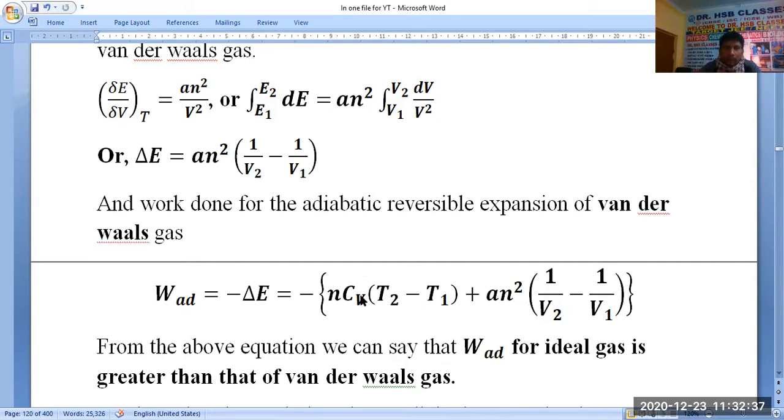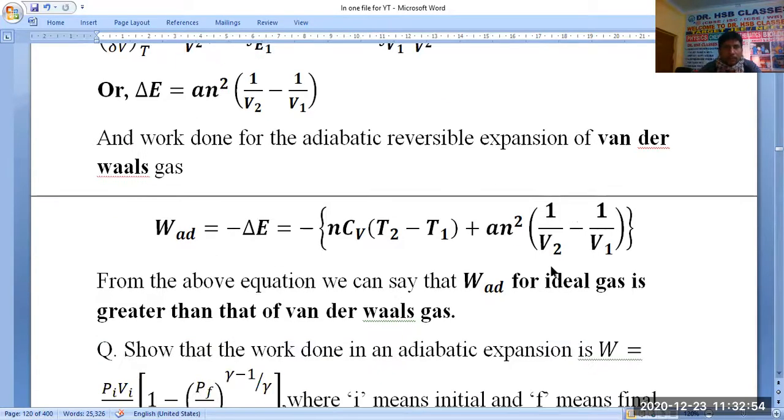This is for ideal gas, and this is the extra work term for van der Waals gas. Then for the adiabatic process, total work done will be this plus this for real gas or van der Waals gas.